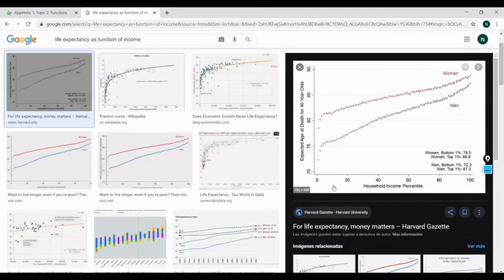Look at this graph from Harvard Gazette. It's a magazine. So household income and expected age at death for 40-year-olds. As your income increases, you are expected to live more and more and more, even up into your 90s. And by the way, women tend to live more than men. Why is that, guys? Any ideas?